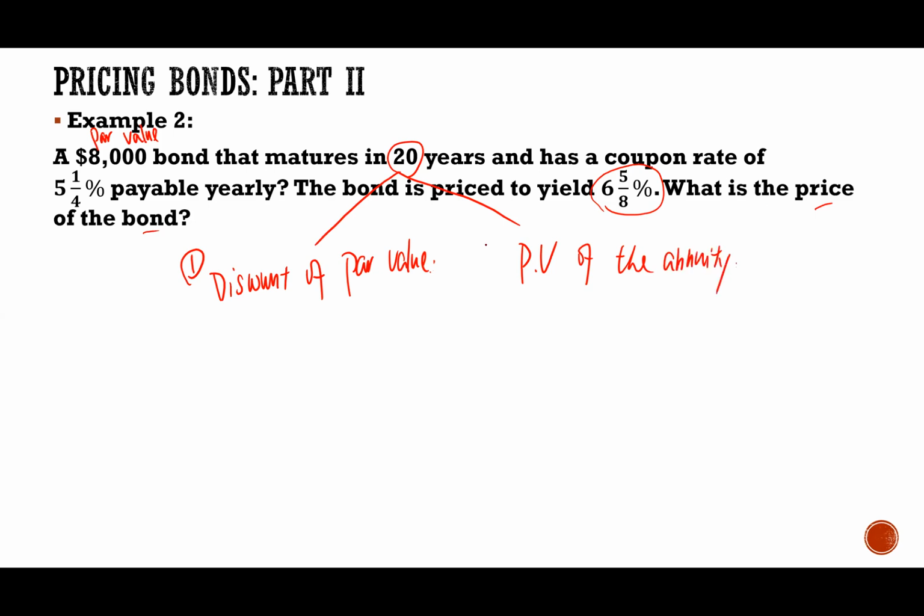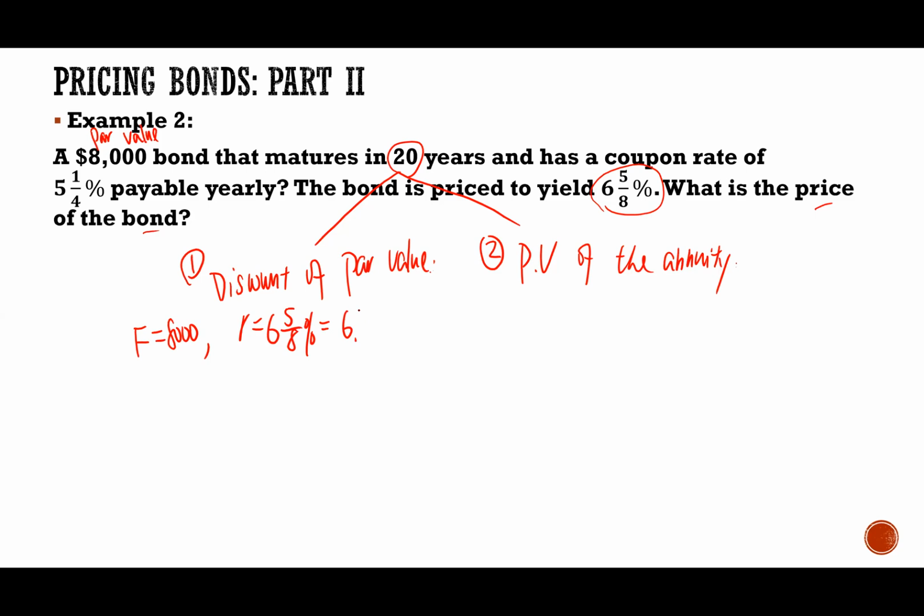Very similar procedure from question 1. The par value means you receive $8,000 in 20 years, so the future value equals 8,000. The market rate is 6.625%.